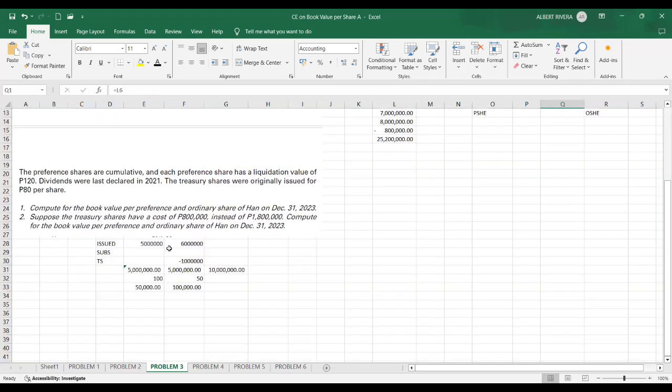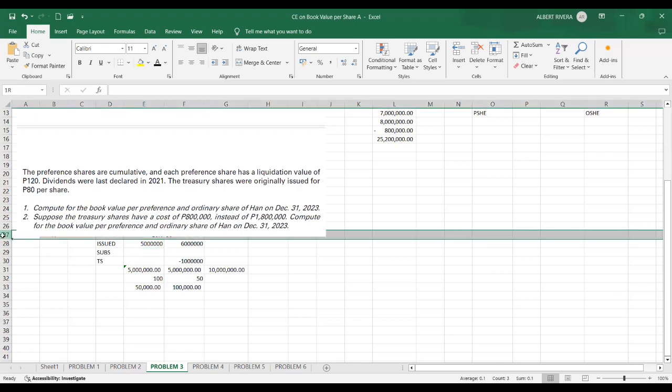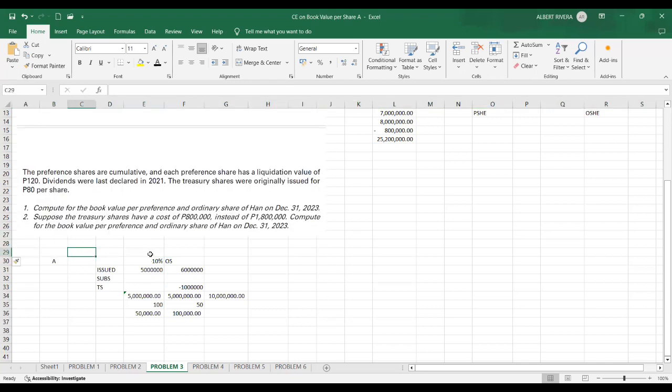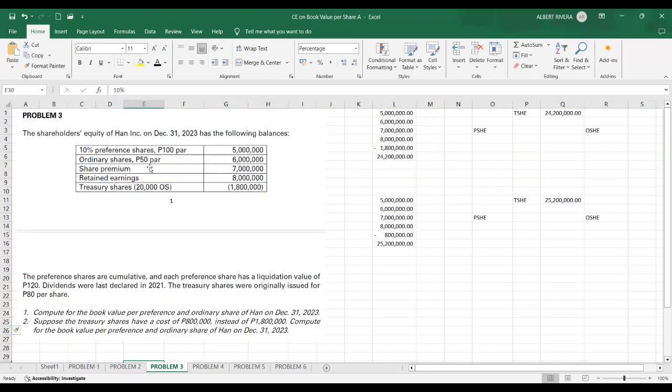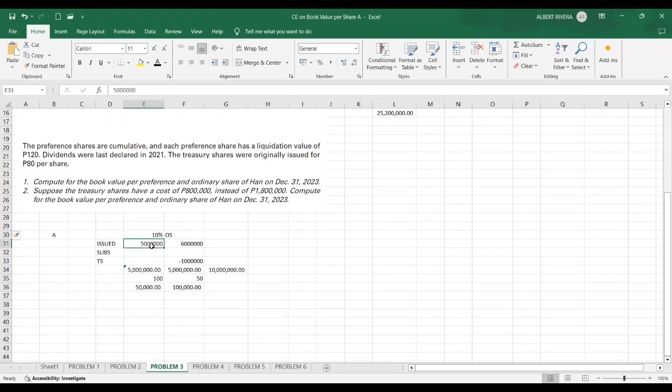So this is what? This is 5 million. Baba ko lang konti. Baba natin. Yan. Okay. So this is for your 10% preference, and the par value is 5 million.